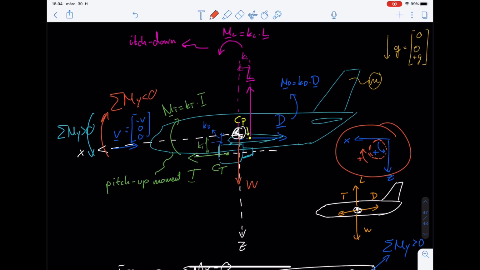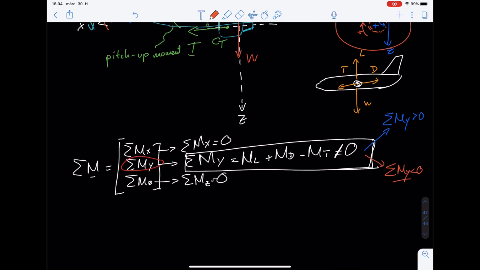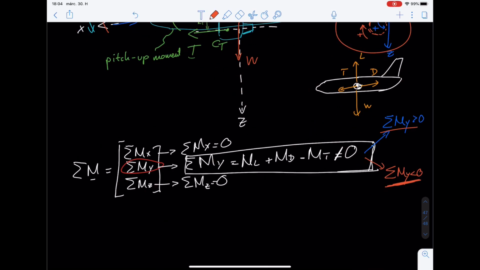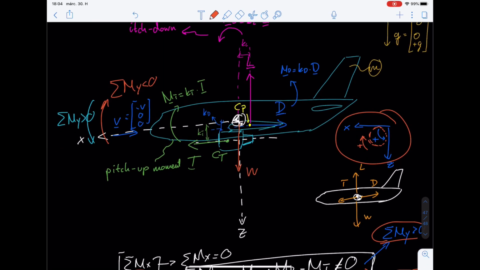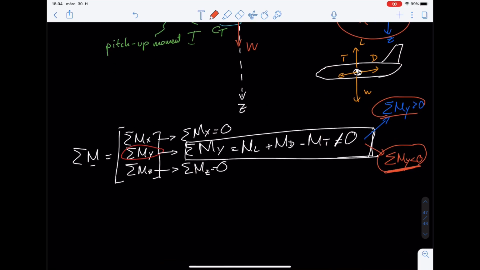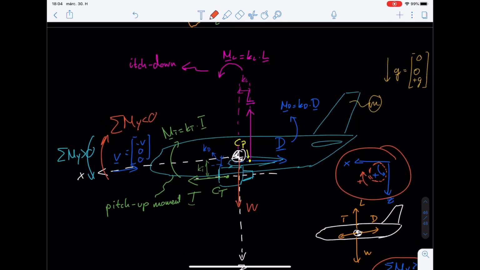because what we're trying to say is that depending on the sign of the sum of the moments around the center of gravity, the airplane is going to either pitch up or pitch down. And how much it is going to pitch up or down is dependent on the magnitude of the sum of the moments.